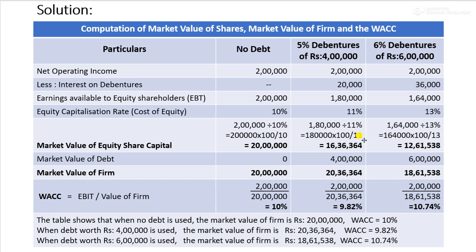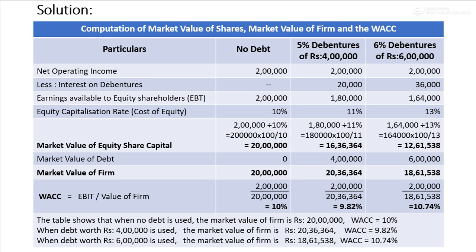Then we add the market value of debt: zero in the first case, 4 lakh in the second case, and 6 lakh in the third case. So we get the market value of the firm as rupees 20 lakh in the first case, 20 lakh 36,364 in the second case, and 18 lakh 61,538 in the third case.